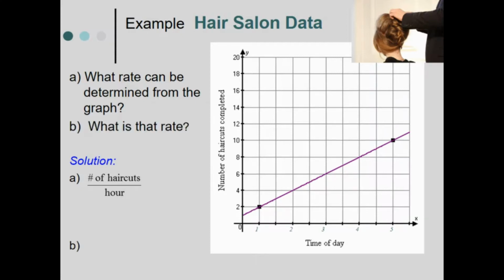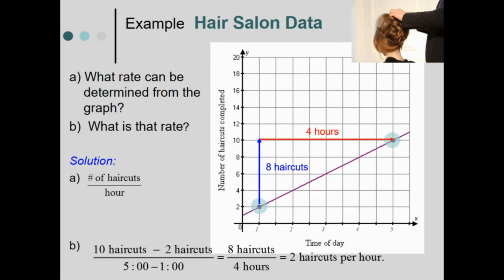To calculate what that rate is, pick two convenient values and determine those changes from one to the other. So here we have at 1 o'clock in the afternoon, 2 haircuts. And then to go over to this other point, we have done an additional 8 haircuts over the course of 4 hours.